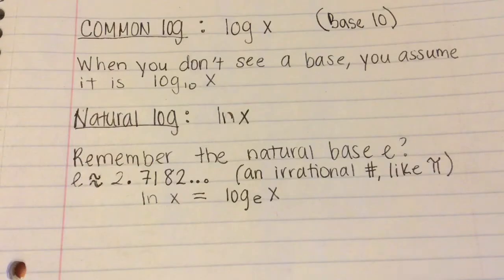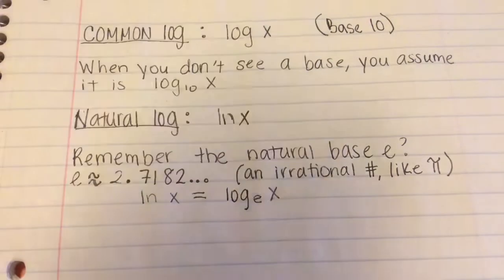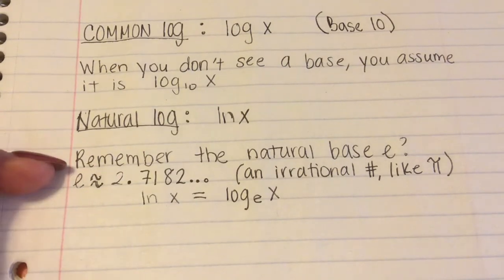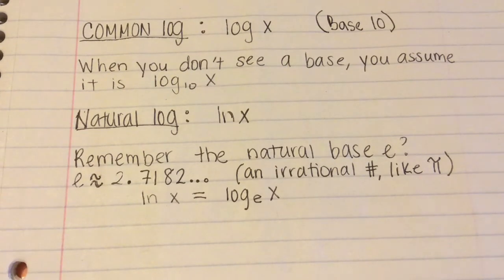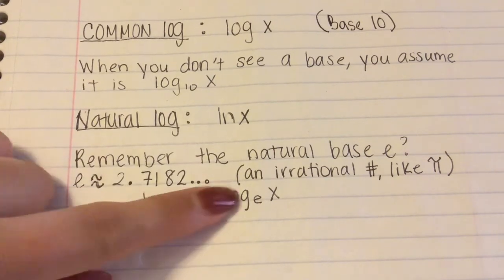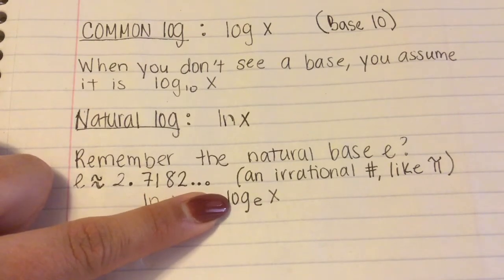Next up is our natural log. That's ln x. Natural log of x is how you would say that. You remember the natural base e if you did interest problems like A equals P times e to the rt? Base e is an irrational number, kind of like pi. Natural log of x is this, log base e of x.